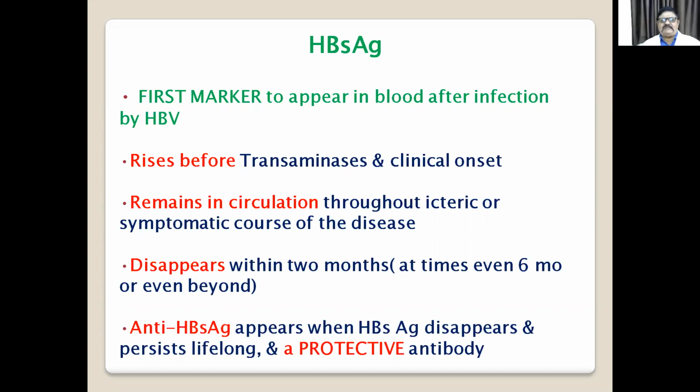When this starts disappearing, the anti-HBs antibody appears, and that is protective. As I told you, we are happy to have an antigen which stimulates the production of protective antibodies, because we can make a vaccine out of it.